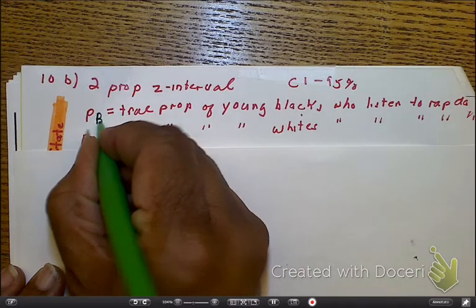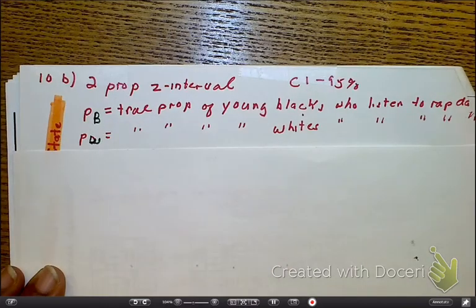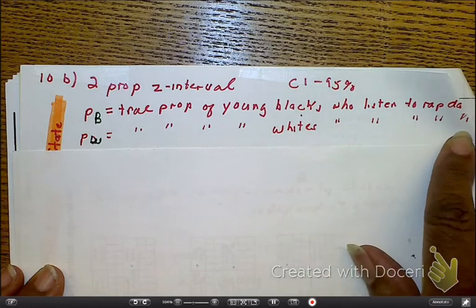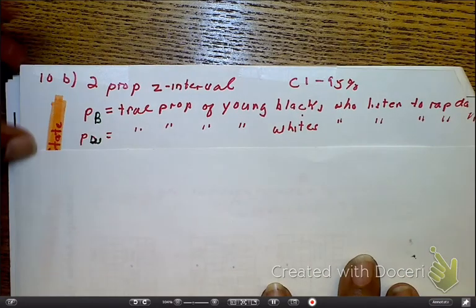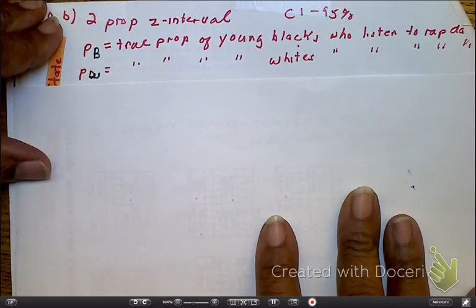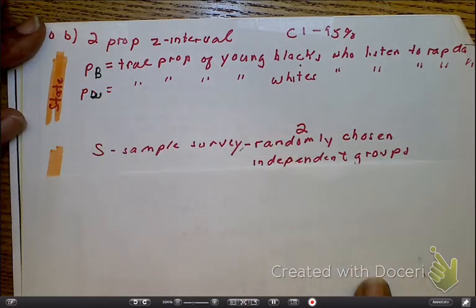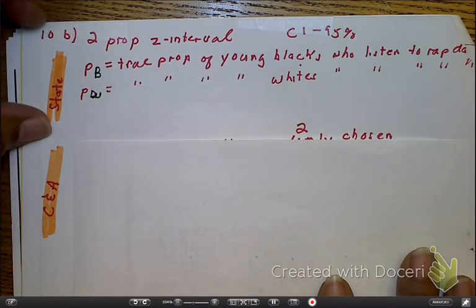So let me change this to B and W. That is the true proportion of young whites who listen to rap music daily. Now remember, this is not a hypothesis test, so there's no H0 and HA in here. This is just a confidence interval. So next we are on to our conditions and assumptions.